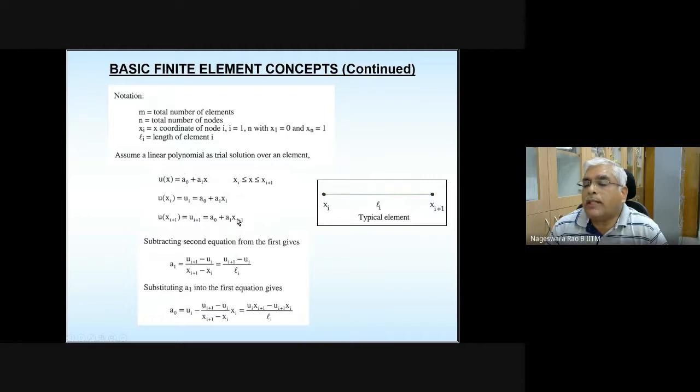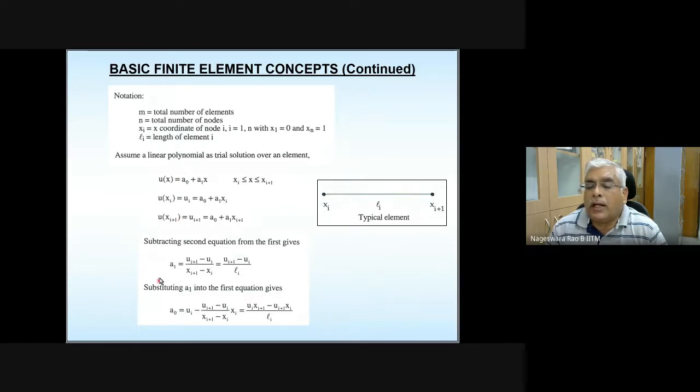So you get 2 equations. Express these unknown coefficients a0 and a1 in terms of the u value at the ith node, the u value at the i plus 1th node, and the geometric coordinates. If you do all that exercise, a1 turns out to be this, a0 turns out to be this, and substitute this a0 and a1 into the starting equation.